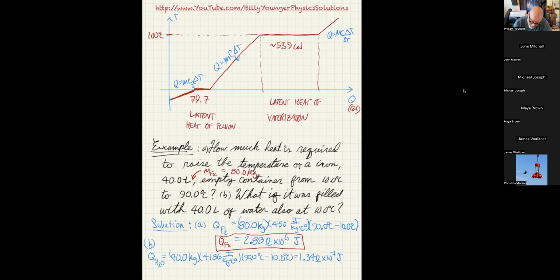And in this case, the total answer, Q total, is equal to 1.628 times 10 to the 7th joules. I shouldn't have had to check that, but just to be safe, I did anyways. So everybody understand how that was done? Does that make some sense to you guys?